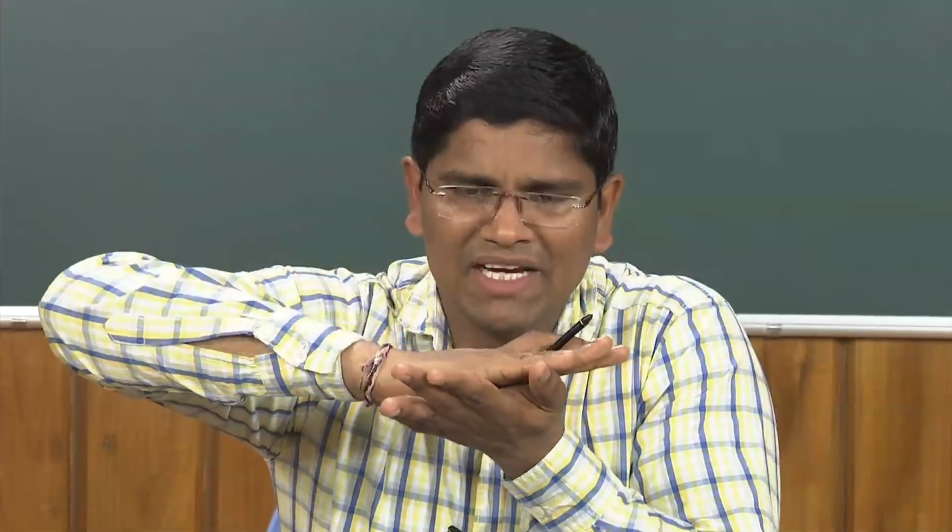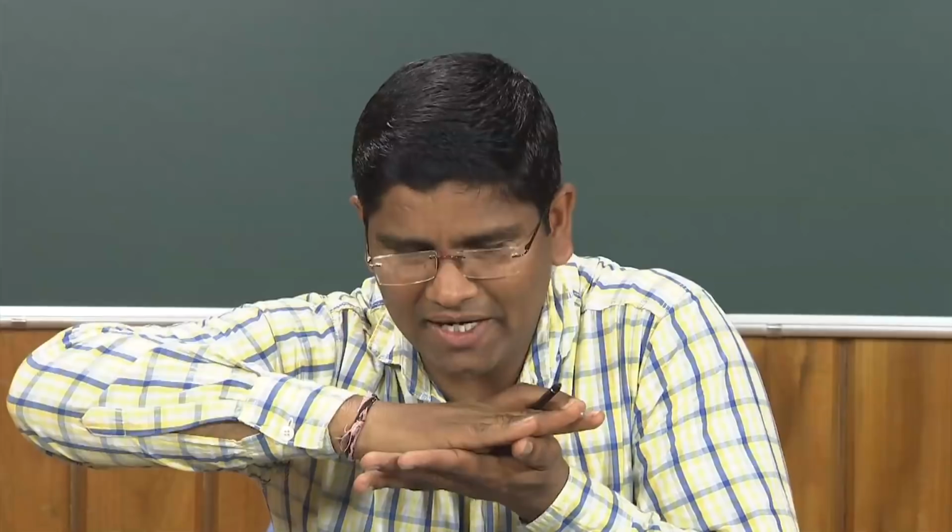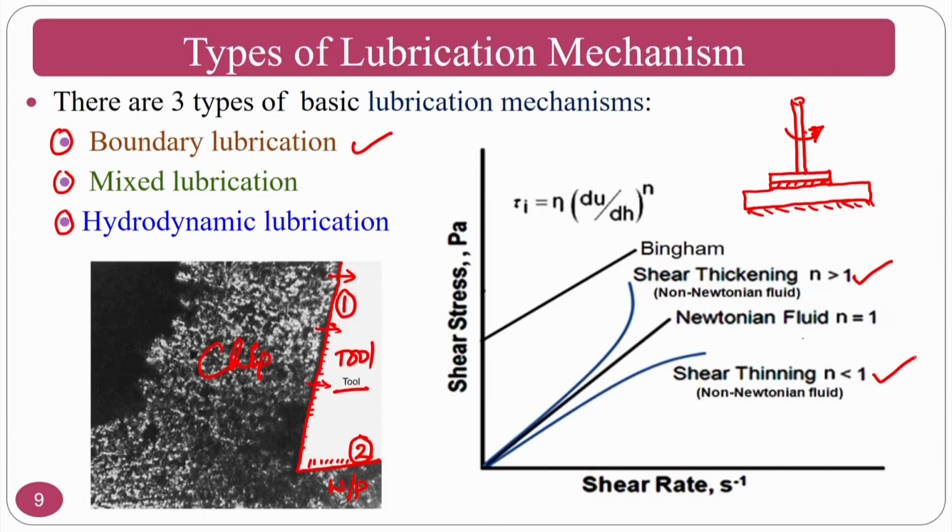If the viscosity goes down, that is called shear thinning fluid. If I am increasing the rotational speed of my top plate, that means my shear rate is increasing. Okay, so if I am increasing the shear rate, if the fluid viscosity is increasing, that is nothing but shear thickening fluid. Okay, that is the difference between the shear thinning fluid and shear thickening fluid.